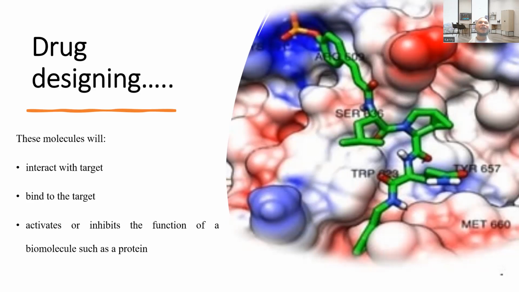So what people are now doing is looking for a drug that will be complementary in shape to the acetylcholinesterase enzyme, thereby stopping the production of choline. In that case, they are looking for a drug that can inhibit the activity of acetylcholinesterase. When you inhibit the activity of that enzyme, it will stop the production of choline.